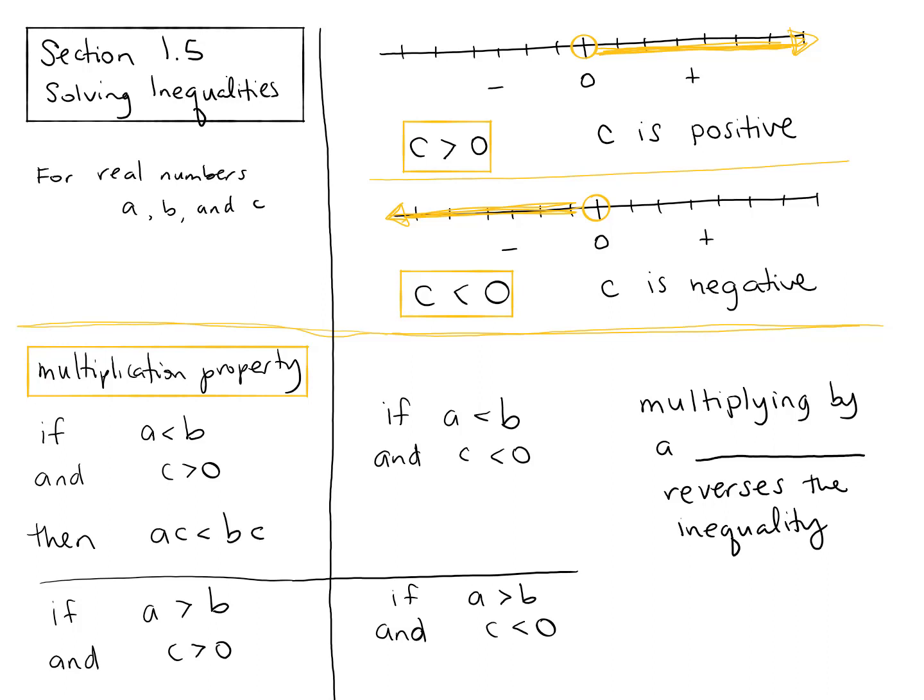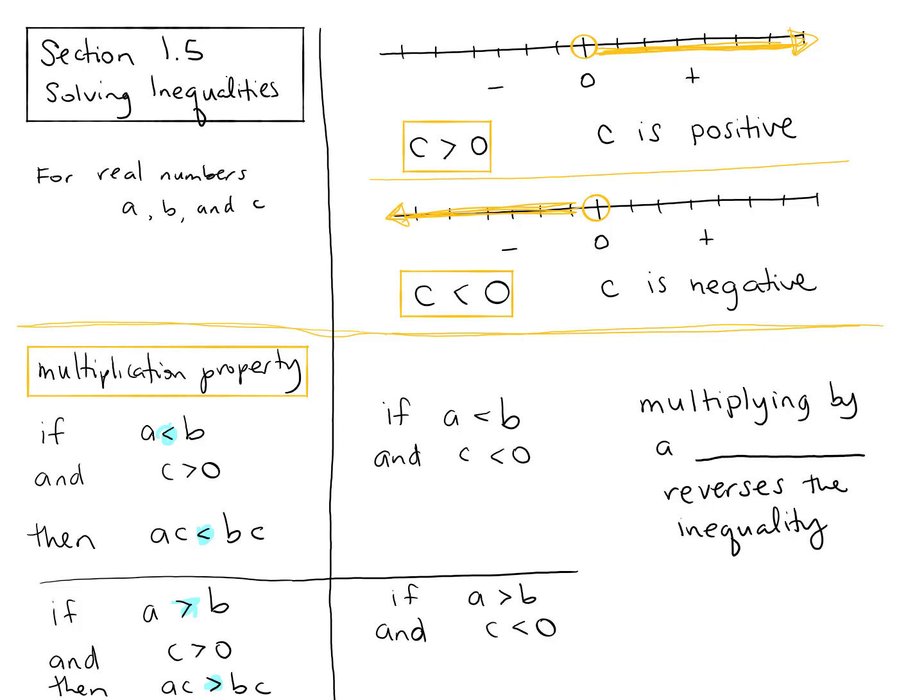And likewise, if we have A is greater than B and C is positive, then you have AC is greater than BC. In other words, the inequality symbol stays the same. You can see that it doesn't change direction. If it's greater than, then it's greater than.